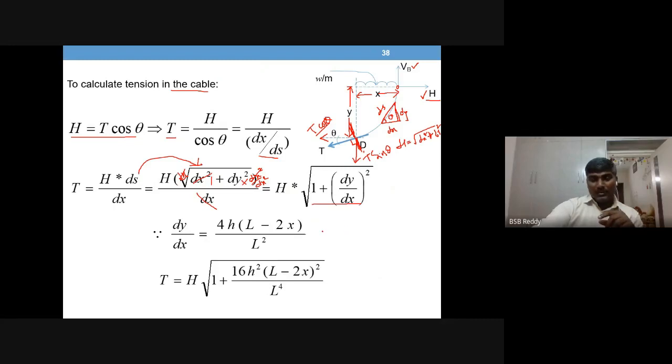Okay, right. What is dy by dx? You have y is equal to 4hx by L square into L minus x. Parabolic equation, right? So now you do dy by dx for this. Okay.